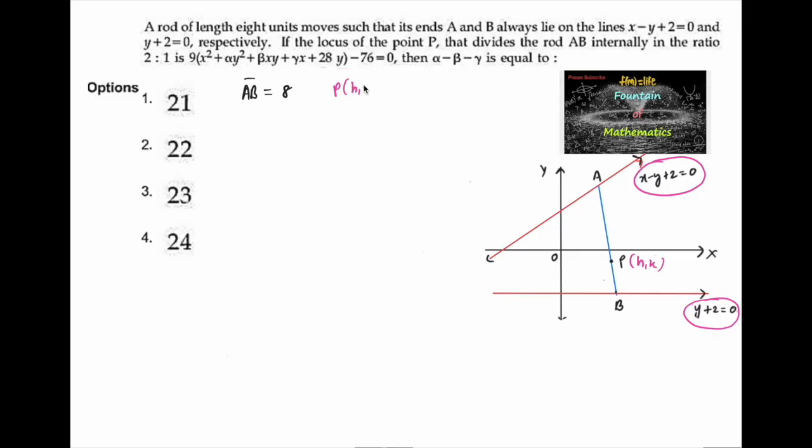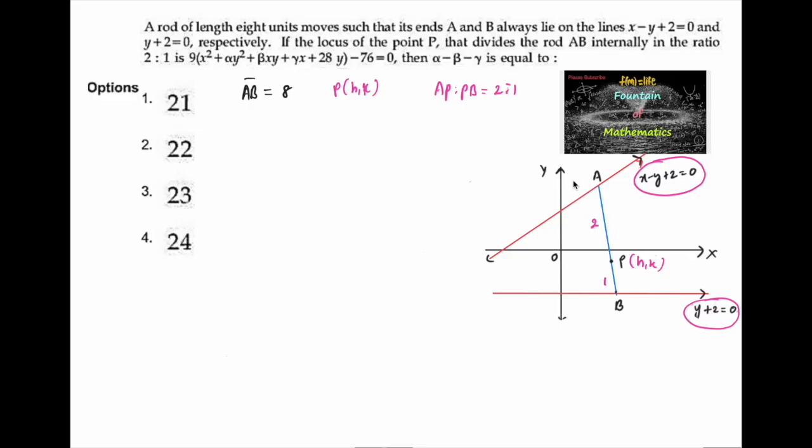Point P is h comma k, the locus of this point, which moves such that P divides the rod AB internally in the ratio 2 is to 1. So AP is to PB is equal to 2 is to 1.